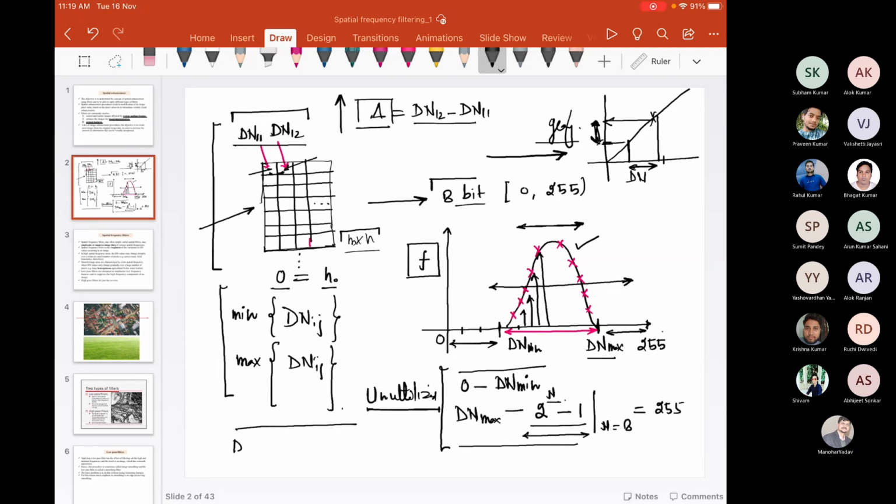The DN output that we are generating is a function of DN input, DN minimum and DN maximum. One linear equation we have already derived in the previous class.